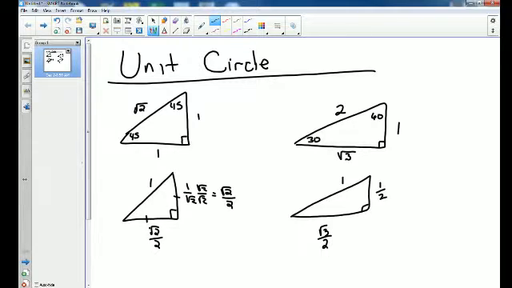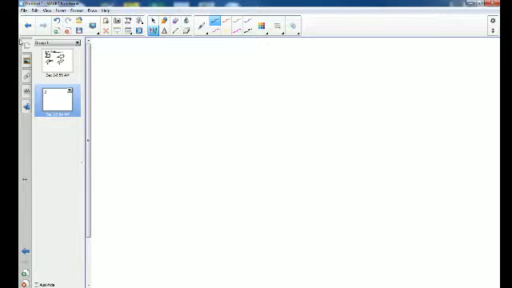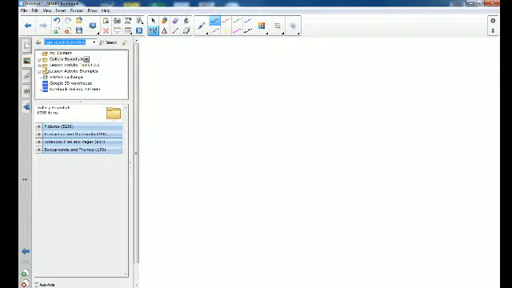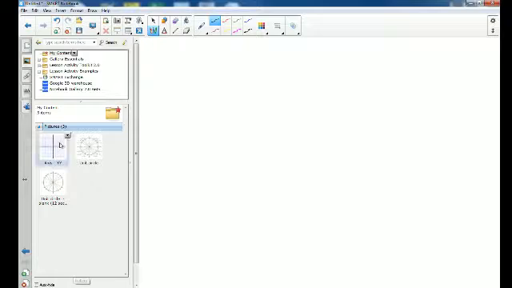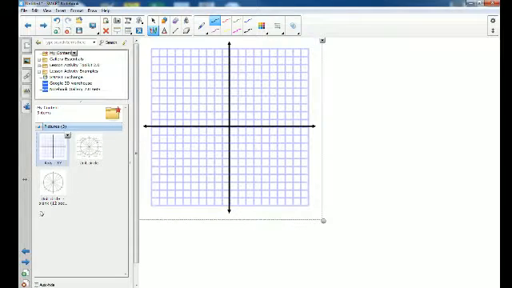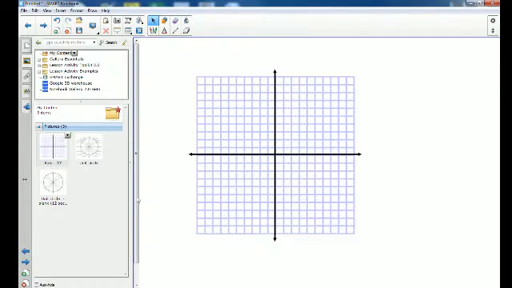Now I can change it. I'm going to draw a set of coordinate axes, and I'm going to put a 45, 45, 90 triangle in there.